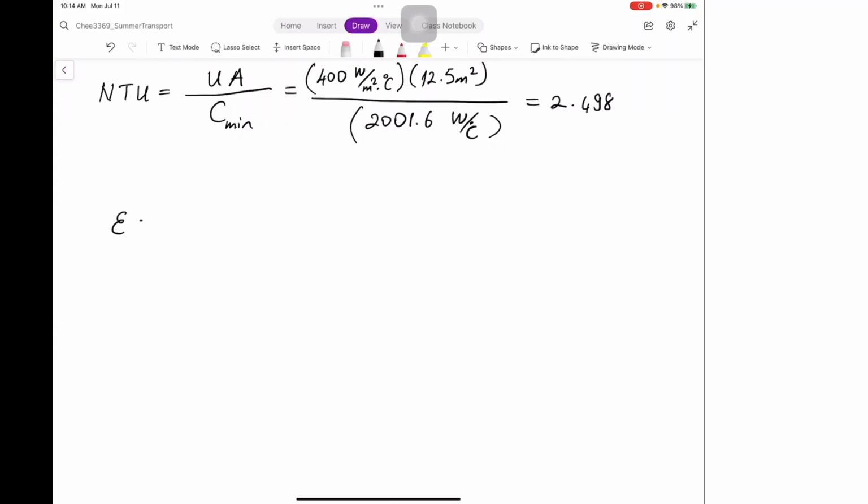Because the epsilon is for the counter current. We should go back to your notes or the book, actually page 378.